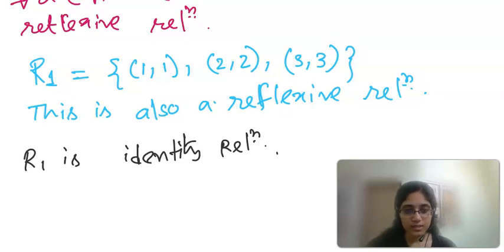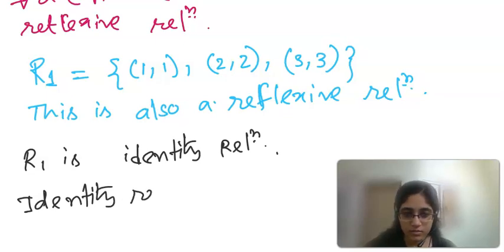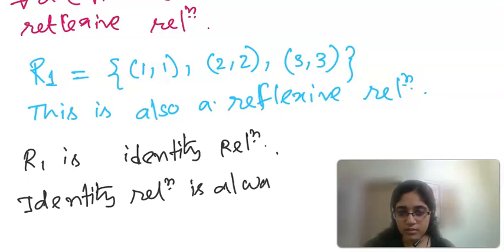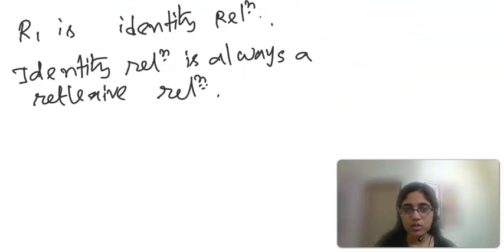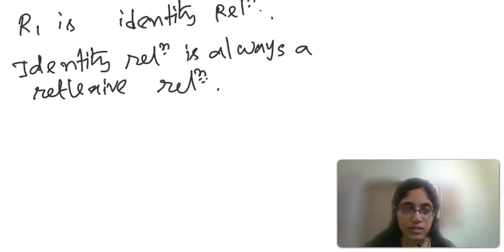We can say that identity relation is always a reflexive relation, but not all reflexive relations are identity relations.